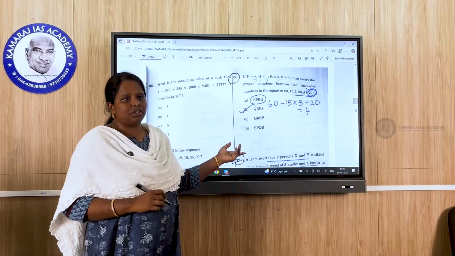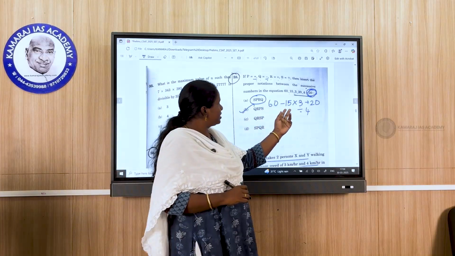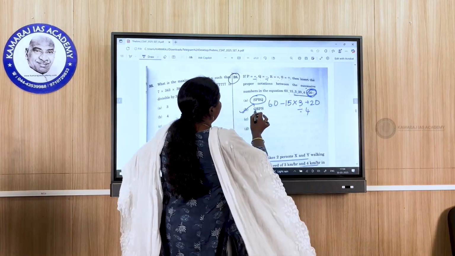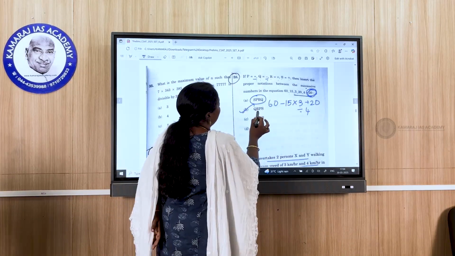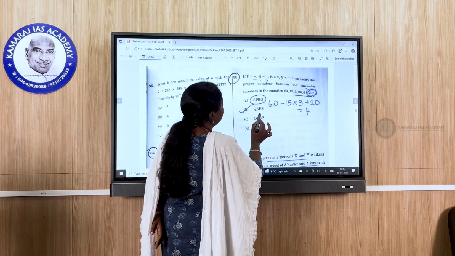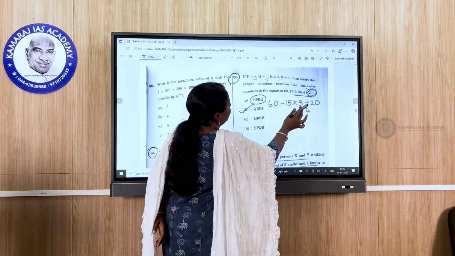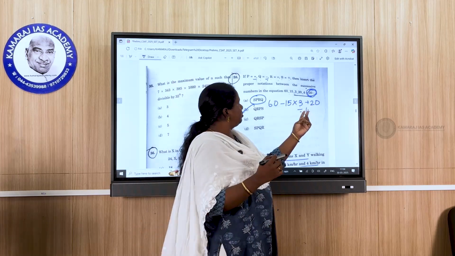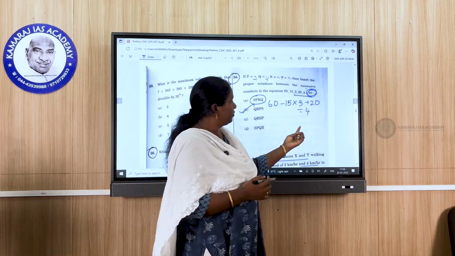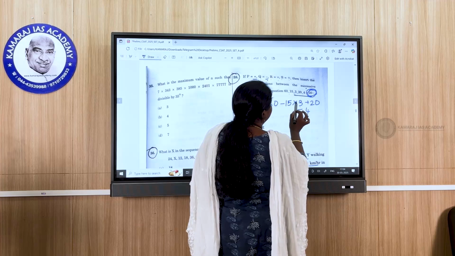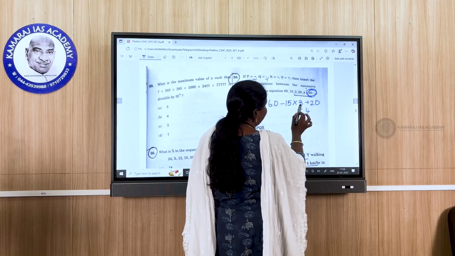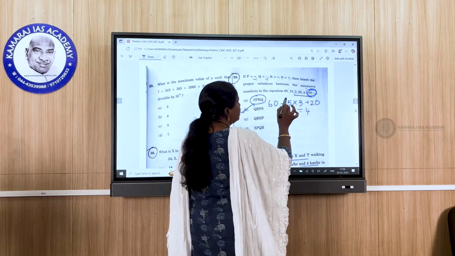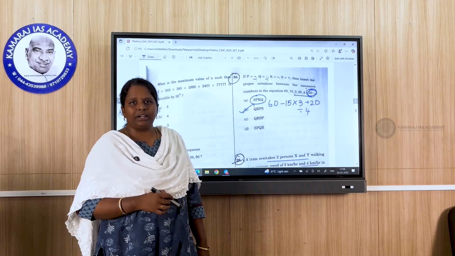So go from the options, right? 60 minus 15, Q is for subtraction, R is for multiplication, P is for addition, and S is for division. So 20 divided by 4, I'll get 5. Then 15 into 3, 45. 45 plus 5 is 50, 60 minus 40, 20. Clear?